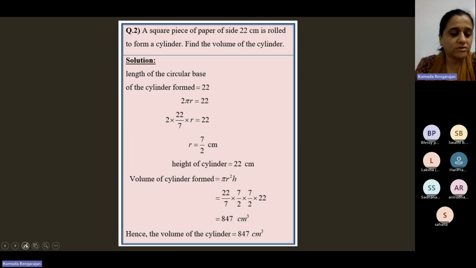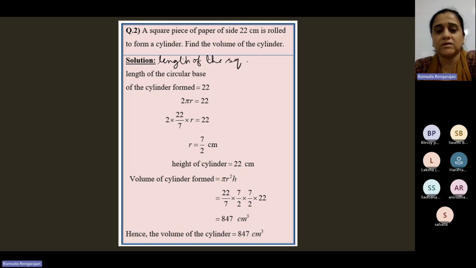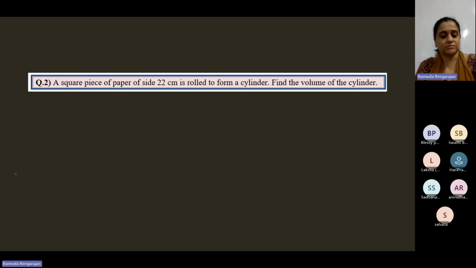If you want, you can just write like this. Length of the square becomes circumference of the circle. So the circumference of the circular base. Let me write it here.